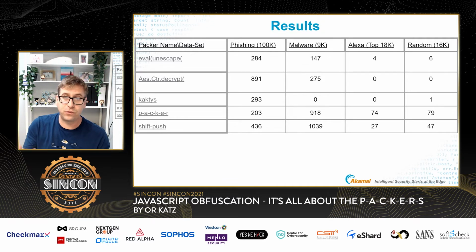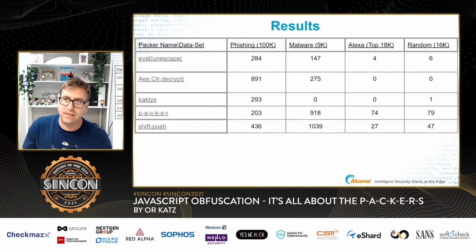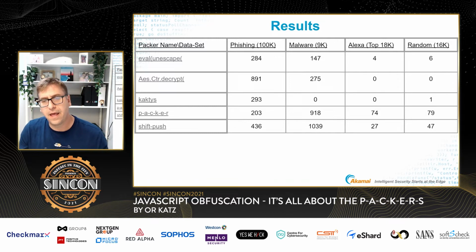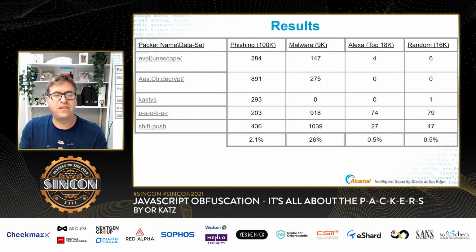I checked those websites to see what detection we have there. The second one was a random data set of a variety of websites, again over 16,000 websites in that case. I was able to see some hits on Alexa and random as well, which is an interesting result, and we'll talk about that. But before doing that, here are some of the detection rates that I had.